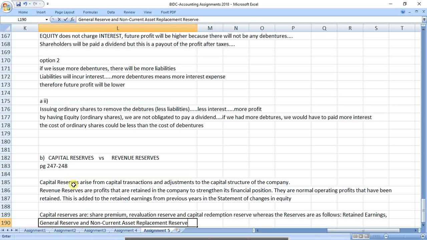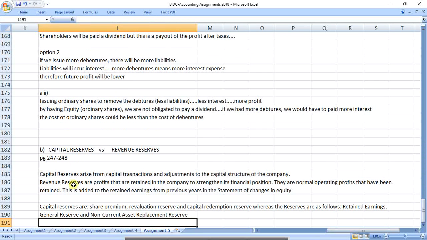That's the last one. So there's really a difference. I think that's enough. That's a lot.